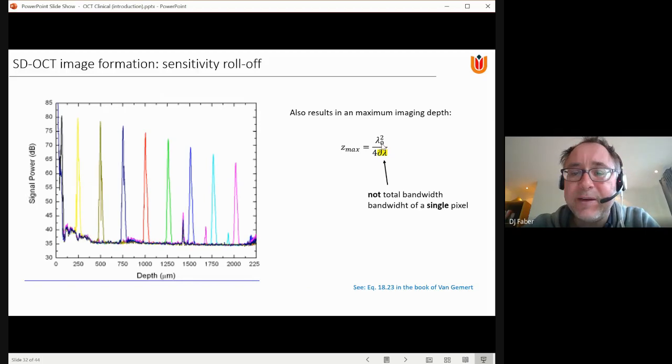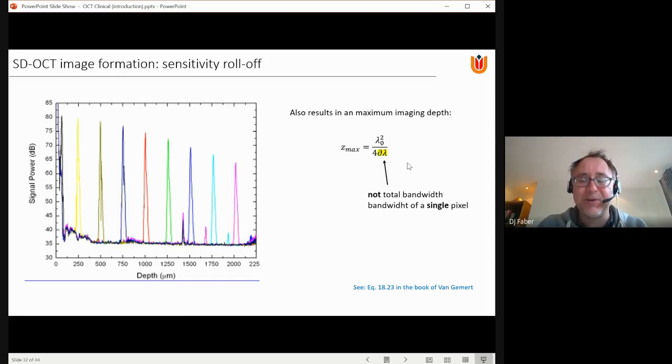That is lambda 0, the central wavelength of the light source, divided by 4 times a small delta lambda. So not the delta lambda that we had in previous equations, but a small delta lambda. It's not the total bandwidth, but the bandwidth of a single pixel at your spectrometer. So basically, we have an inversely proportional relation again.